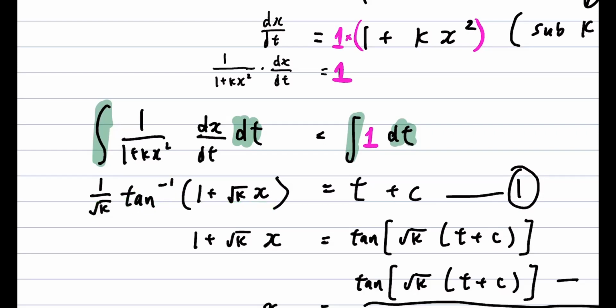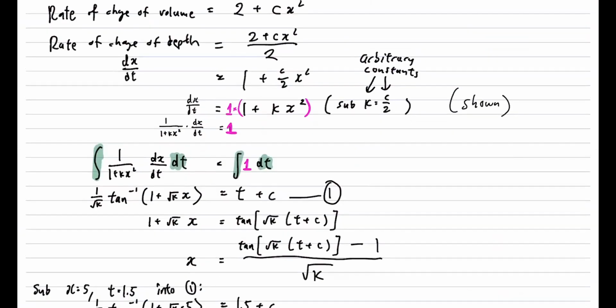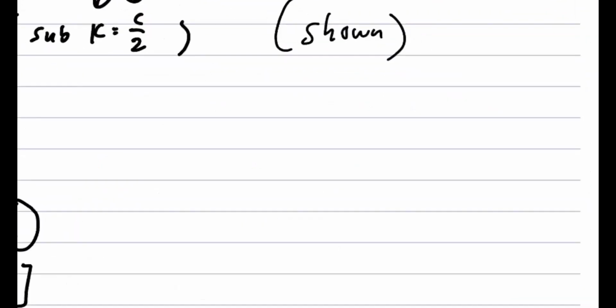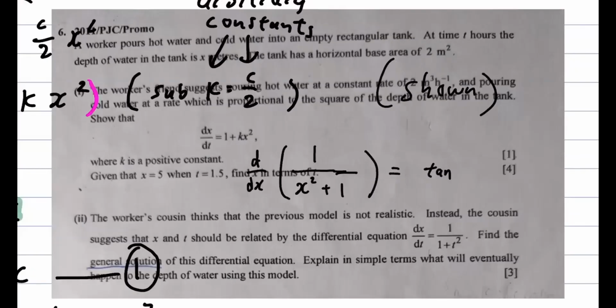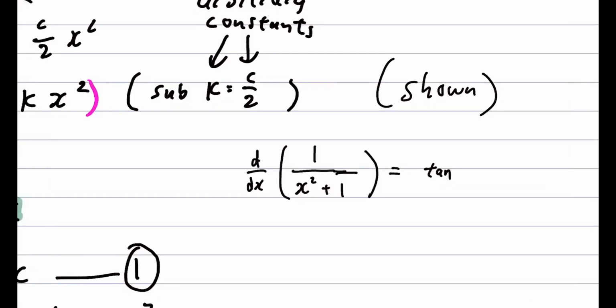Maybe I should remind you. On your MF26, they present it in a table format. 1 over x squared plus 1 is equal to tangent. Oh, sorry, other way around. Sorry, let me try again.